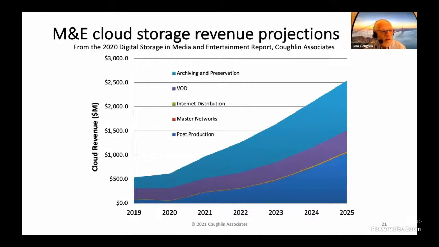And we see, although we had some growth in 2020, because the production work was down, it did not show the growth that we think it will show in the future due to the increasing use of the cloud, driven by our experiences, but also due to, of course, the higher complexity of this rich immersive content that we're going to be creating. And projections of something like $2.5 billion of cloud storage revenue by 2025.